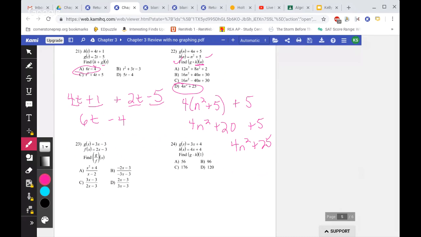So you'll plug 1 into both of them. Everywhere there's an X, I put a 1 there. And then multiply them. So it's A? Yes.